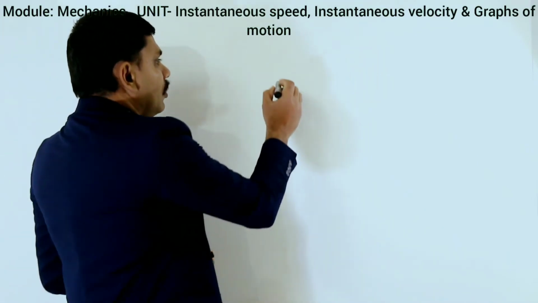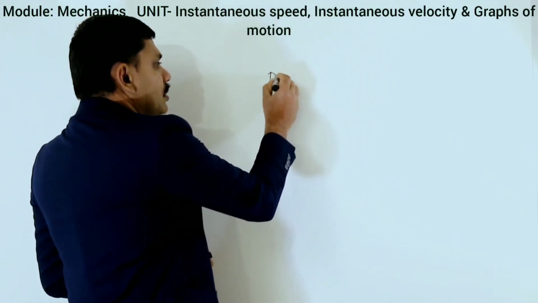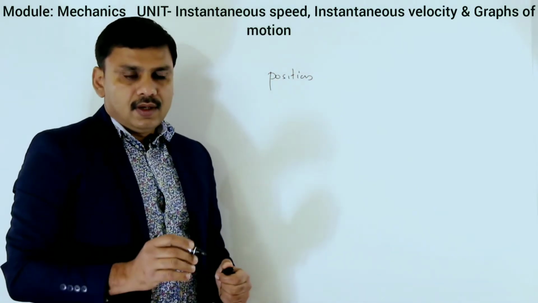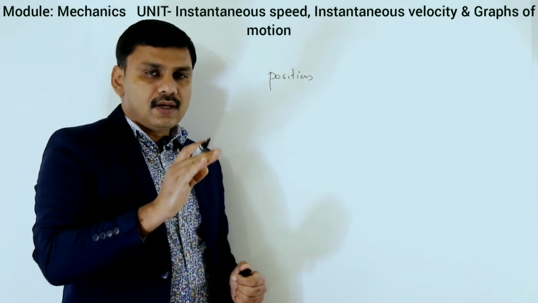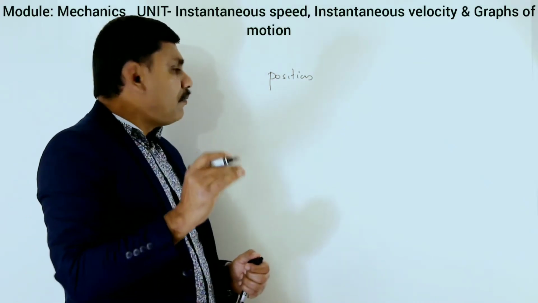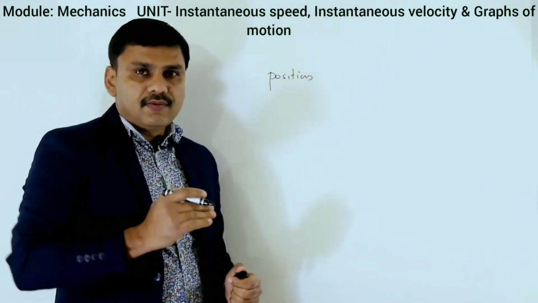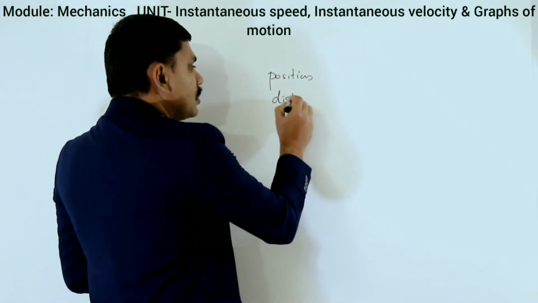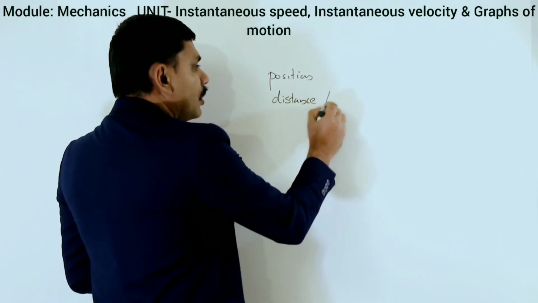For example, when an object is at a position, when the position changes, it will produce distance or displacement.